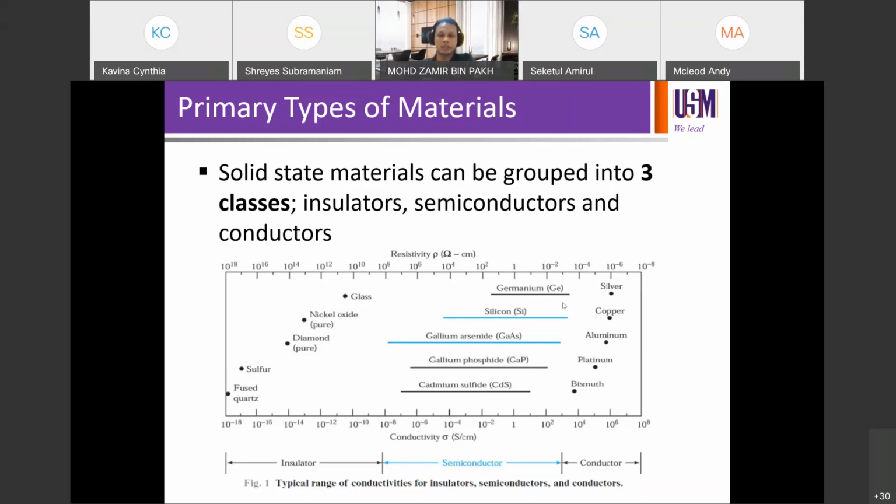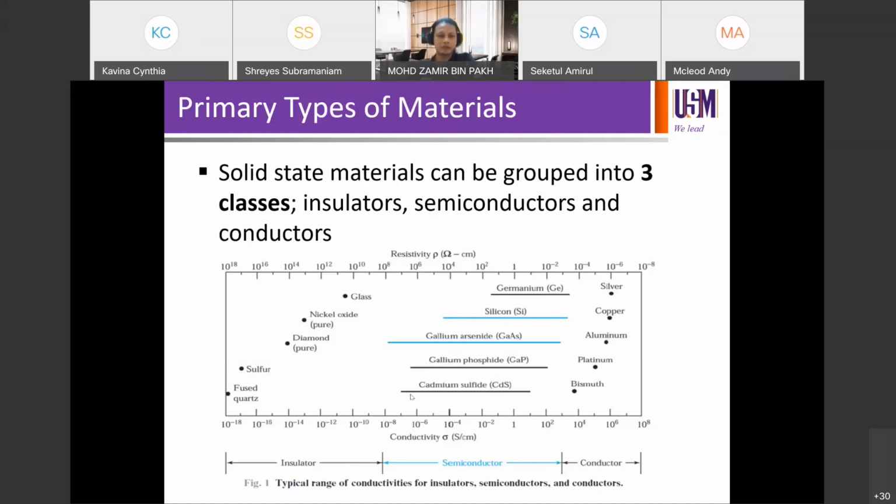So if you move from insulator to semiconductor to conductor, we are looking at reducing resistivity and increasing conductivity. Insulator has the lowest conductivity but the highest resistivity. The middle is in the middle because it's just the inverse. And conductor has the highest conductivity and the lowest resistivity at the same time.